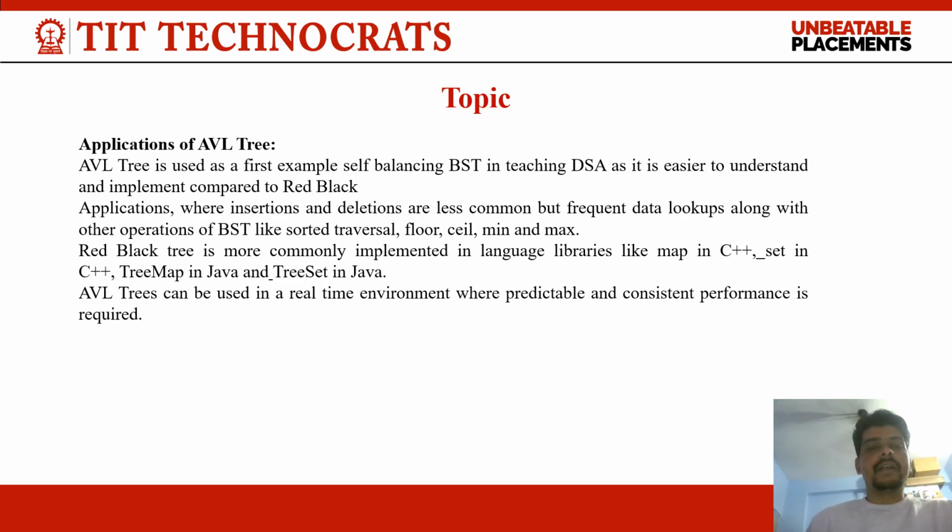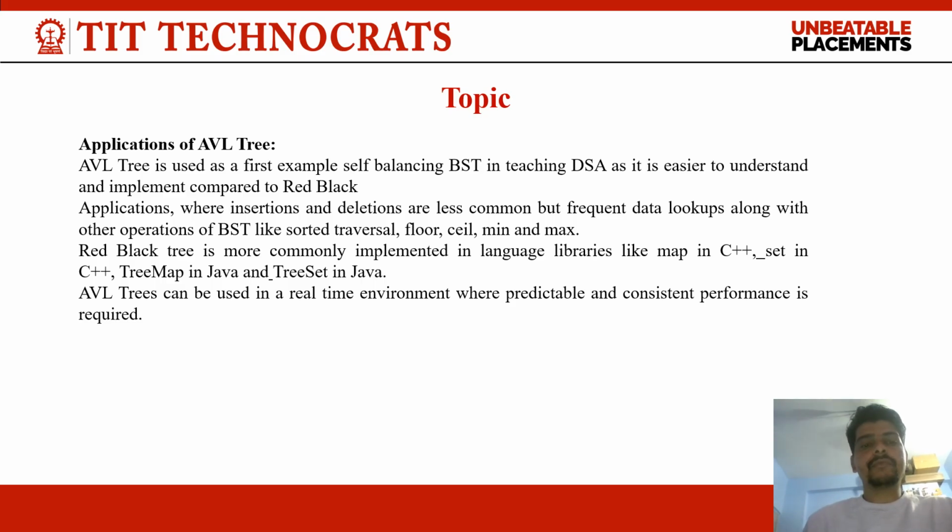So another slide. A very important topic: what are the applications of AVL trees? AVL tree is used as the first example of a self-balancing binary search tree in teaching DSA, as it is easier to understand and implement compared to a red black tree. Very important point: implementation of the AVL tree is easy compared to a red black tree.